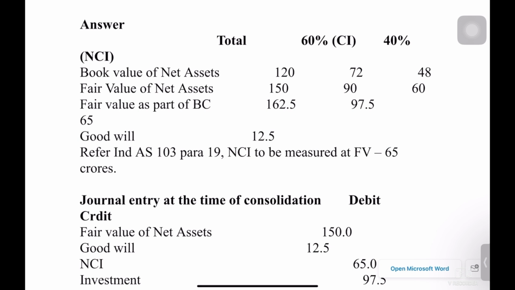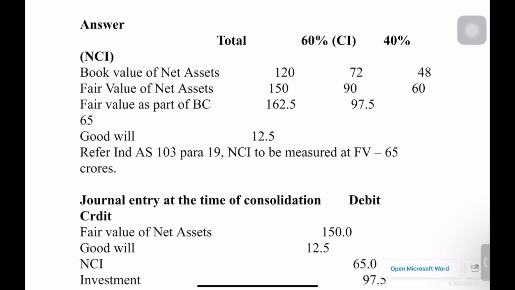So here it has been given the book value of the net assets is 120 crore, and the 60% controllable interest share comes to 72 crores, and the 40% non-controllable interest comes to 48 crores. Similarly, fair value of the net assets as on the acquisition date is total 150 crore, and 60% share is 90 crore and 40% share is 60 crore.